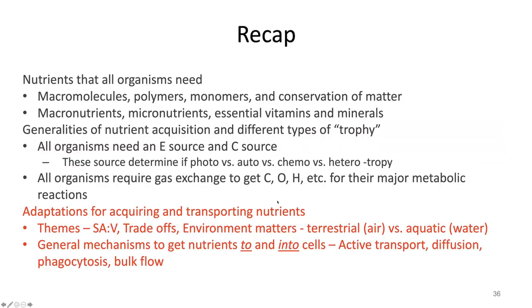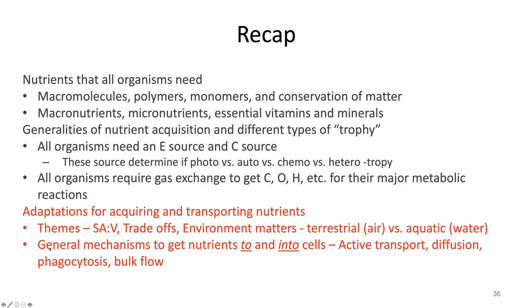Okay, as a recap, in previous lectures we talked about all of the different types of nutrients that organisms need and why they need them. We talked about generalities of nutrient acquisition and the different types of trophy that organisms have to acquire nutrients. Then in this lecture, we talked about the general adaptations for acquiring and transporting nutrients and the themes for these adaptations: surface area to volume ratios, trade-offs, and the importance of environment, terrestrial versus aquatic.